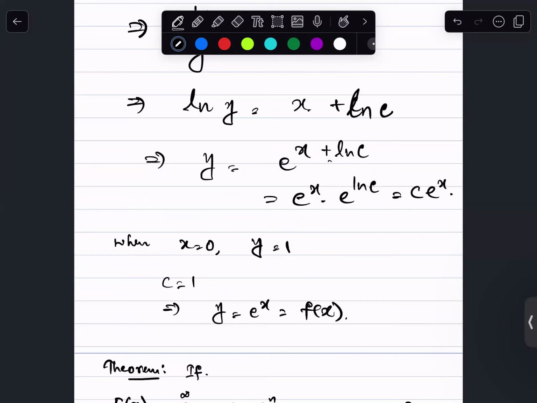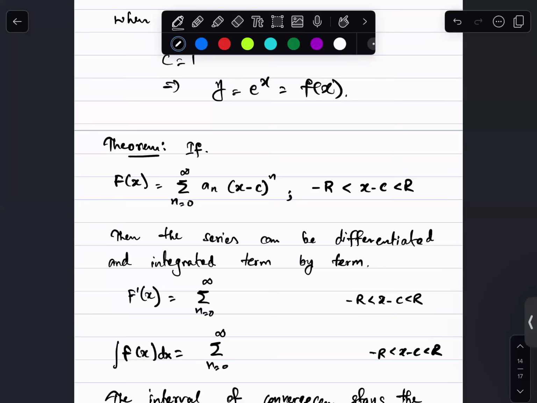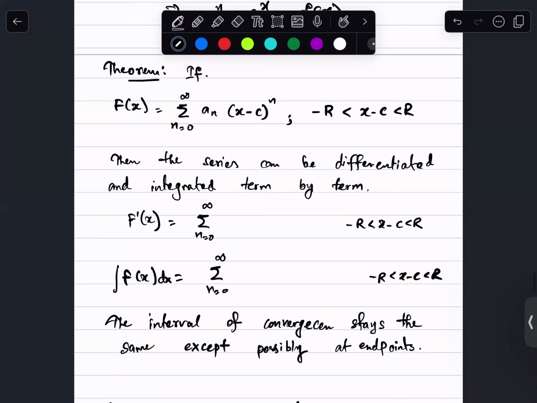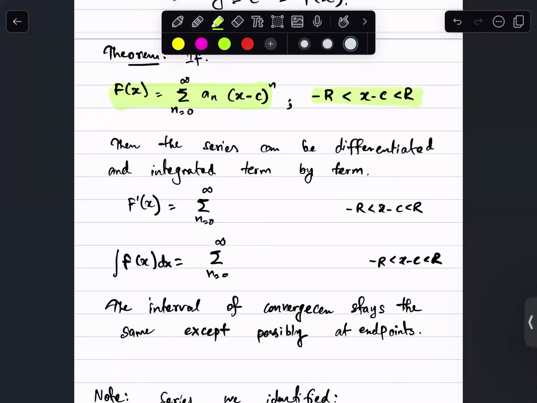Okay, now this is one theorem which is very important, but I'll not prove it because this is out of our scope right now. If I have a function f(x) to be this, a power series centered at c, and the radius is just R, then the series can be differentiated and integrated term by term.